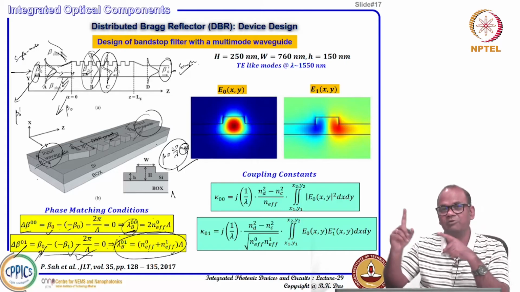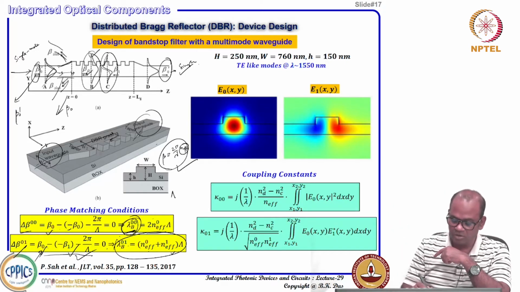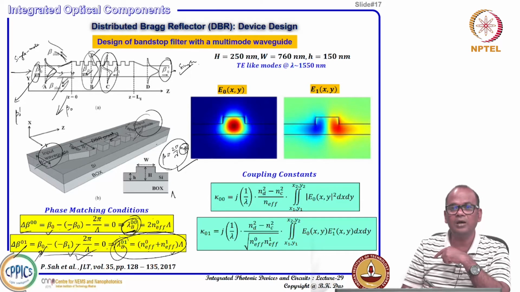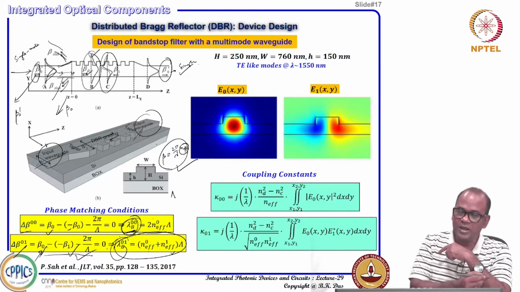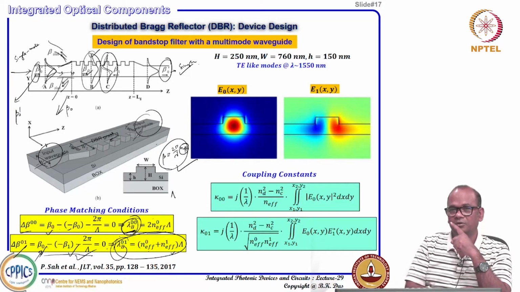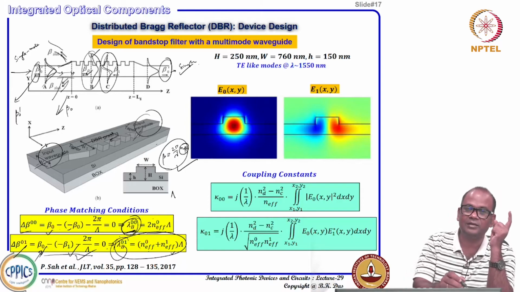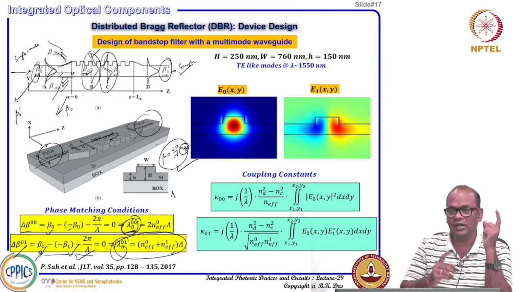In the transmission you can get two stop bands, one around lambda b 00 and another around lambda b 01, but in the reflection you will get only a peak around lambda b 00, because that can be collected. That is interesting.